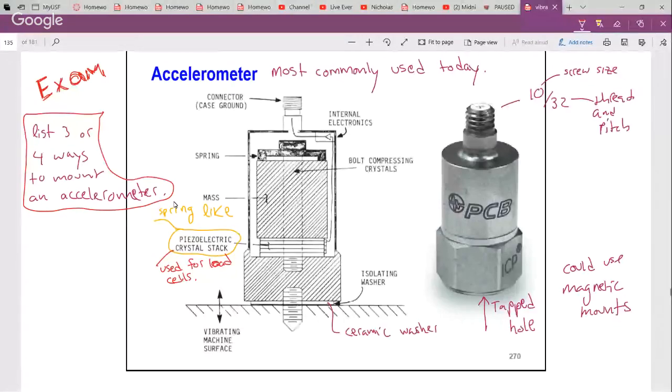In this case, we're using inertia force with the mass. We're sandwiching it between the seismic mass and the case bottom. And there's two ways of attaching it. One is glue, the other is to actually use a bolt.